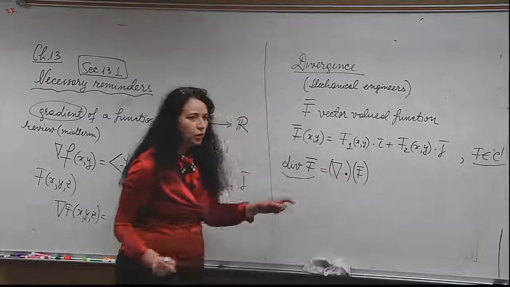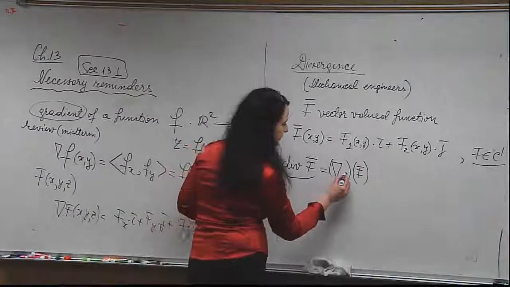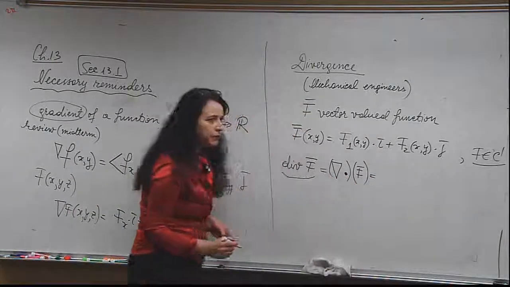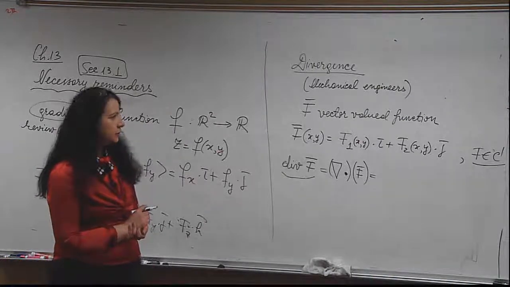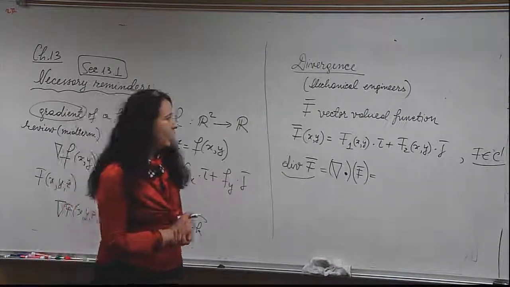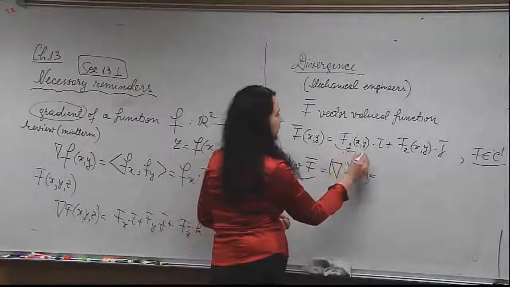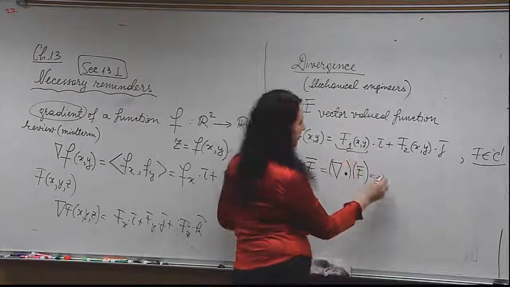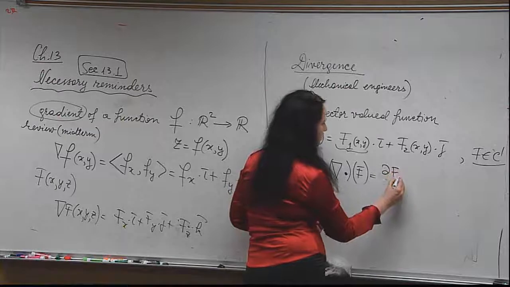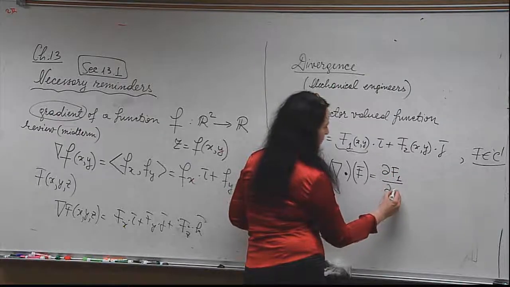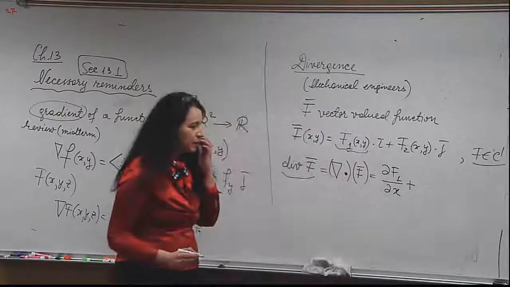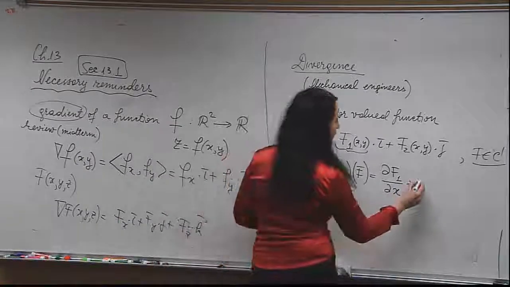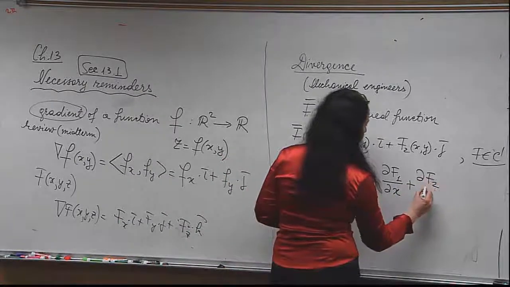If you don't put the dot, it doesn't make sense what I'm saying, okay? So pay attention and put the dot. All right, what does this mean? It means that you have the derivative of the first component with respect to x plus, it's going to be a real valued function, the derivative of the second component with respect to y.